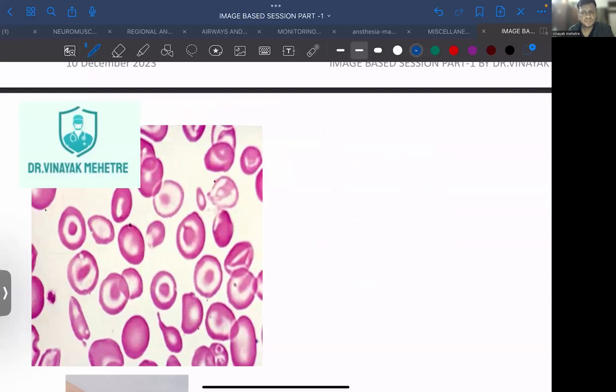A child presented with decrease in hemoglobin.